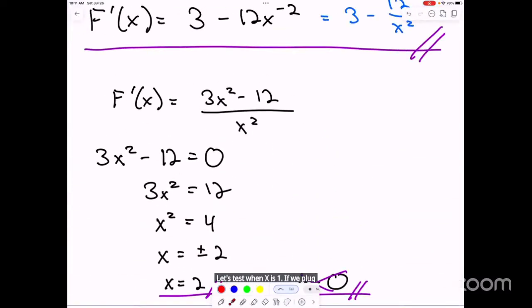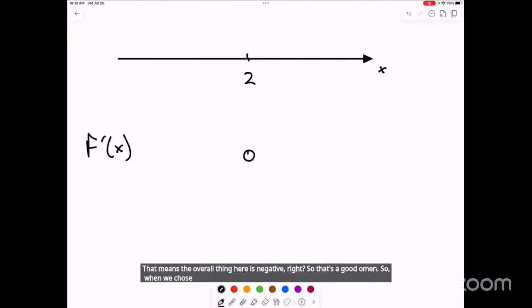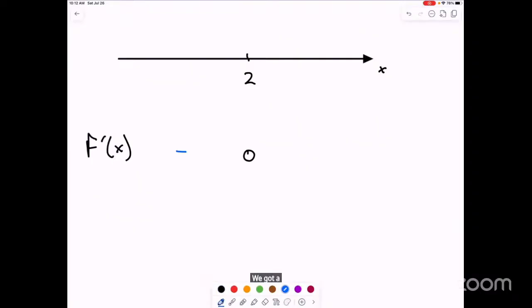If we plug a 1 into the derivative, on top we get a negative value, on bottom we get a positive. That means the overall thing is negative, right? So that's a good omen. When we chose the test value on the left, we got a negative result, which implies the original function is decreasing on the left side of this potential critical value.